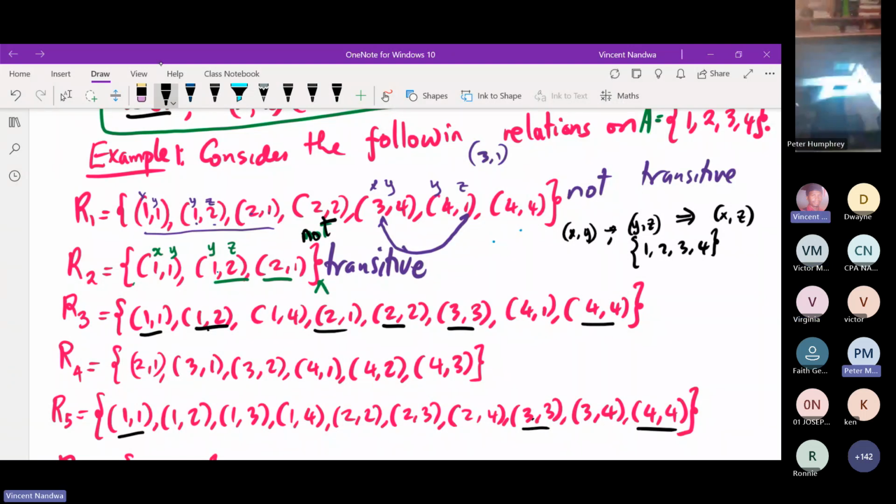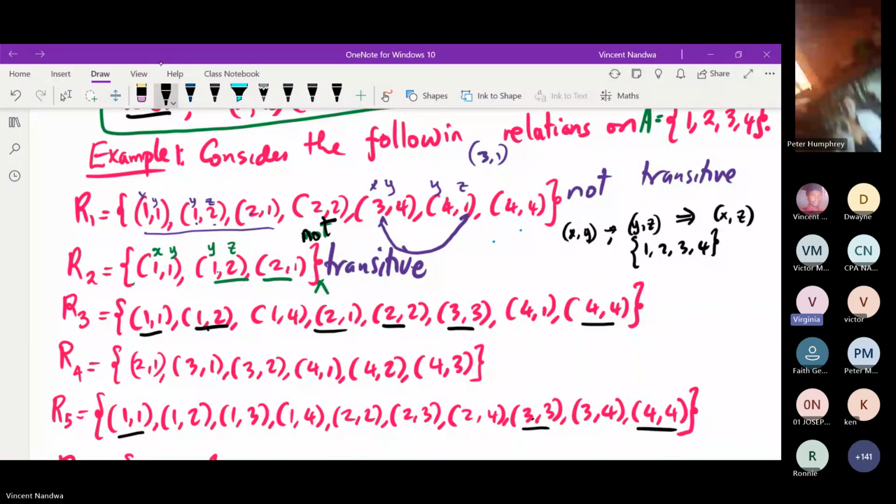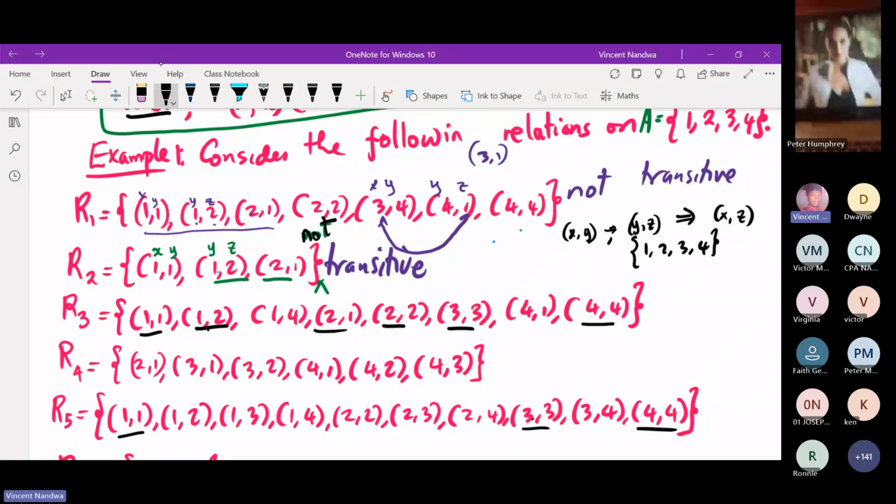So let's check, in these random pairs that form the elements of R3, each of these elements as the second element in each pair, and see whether we can find another pair with the same element as its starting element.